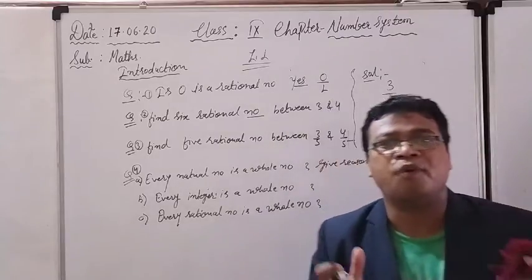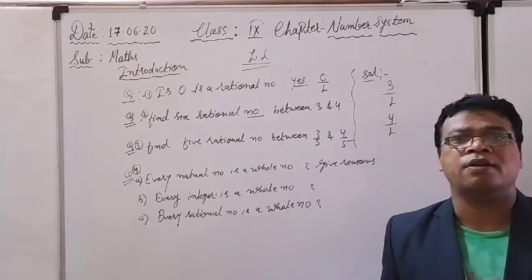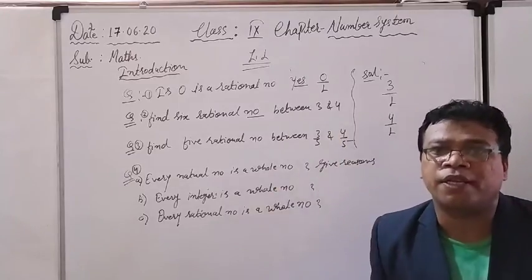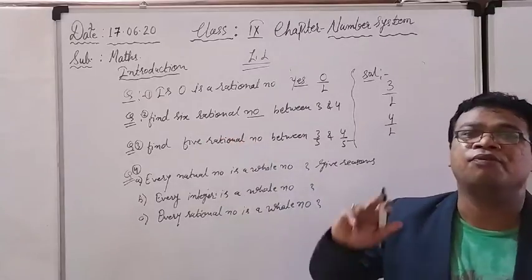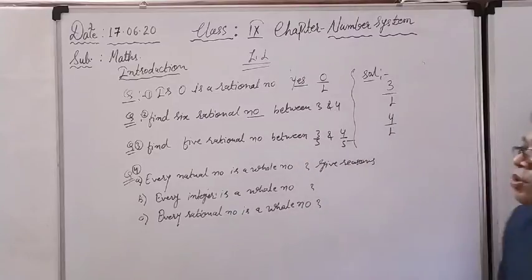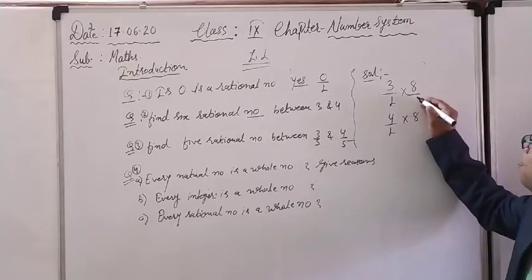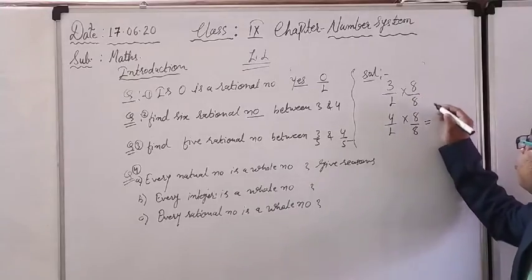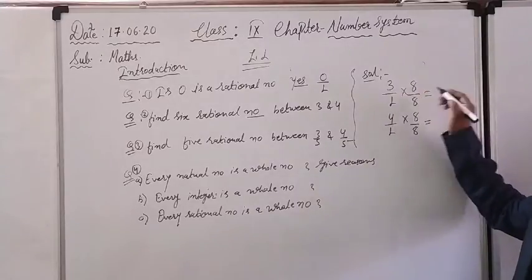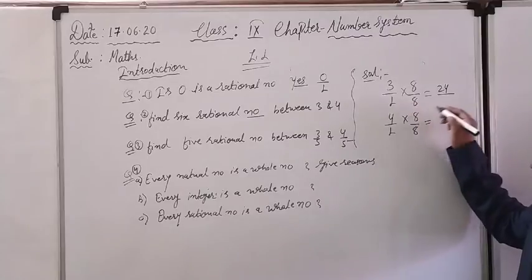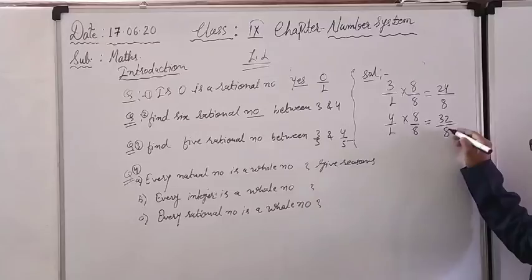So generally what we have to do is multiply both the numerator and the denominator by any number which is greater than 6. Suppose I multiply with 8, both numerator and denominator. 8 times 3 is 24 upon 8 times 1 is 8. 8 times 4 is 32 upon 8 times 1 is 8.